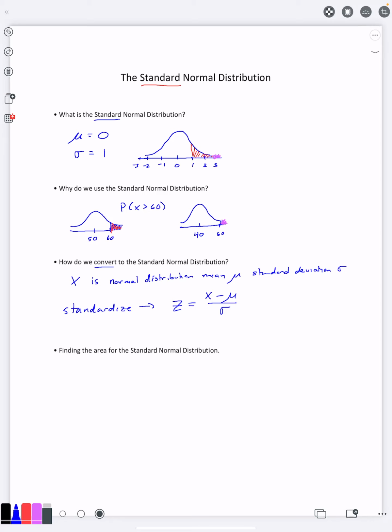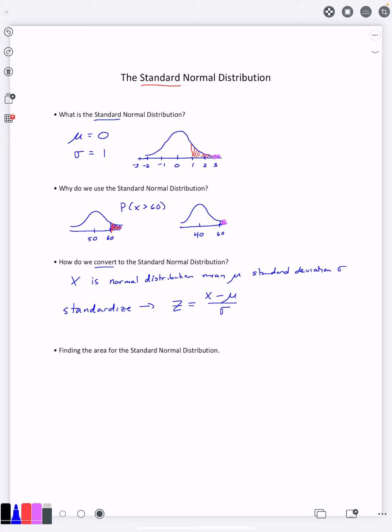Now with that said, let's do an example here where we're going to find the area for a standard normal distribution. And we will use our calculators for this. So I will show you a calculator video separately where we get the answer. But for right now, let's just see what we can get here.